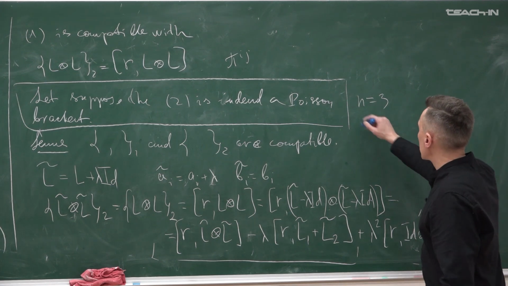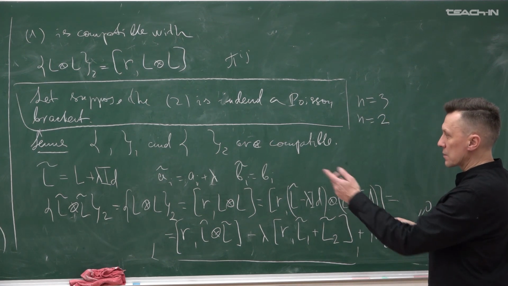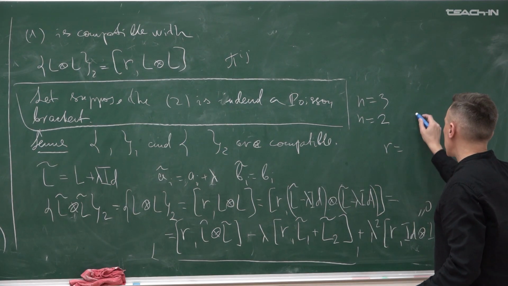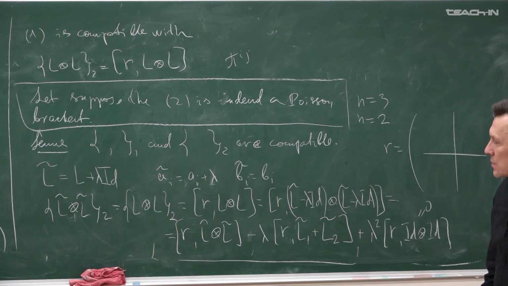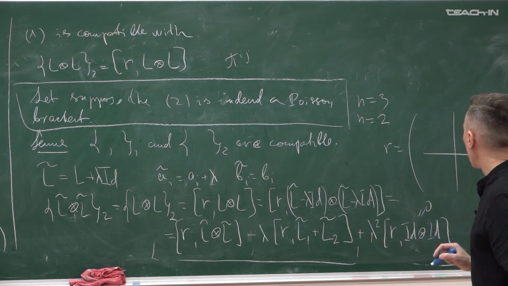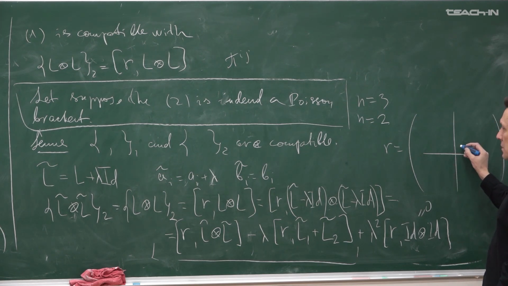Let us start with n equal 2. I will recall the definition of R. It can be represented by a 4 by 4 matrix, and it is like this: 1, minus 1.